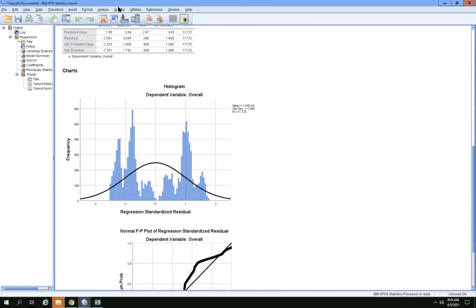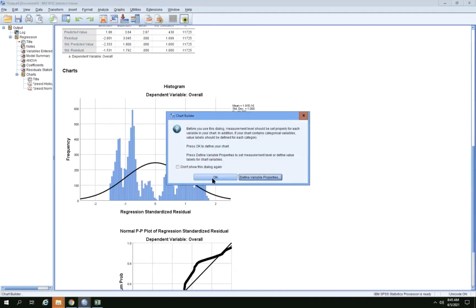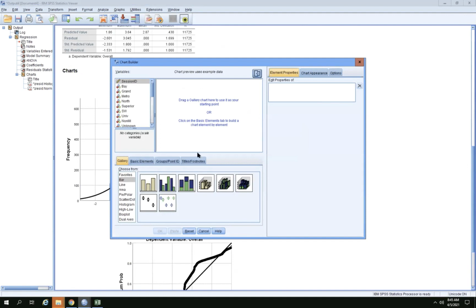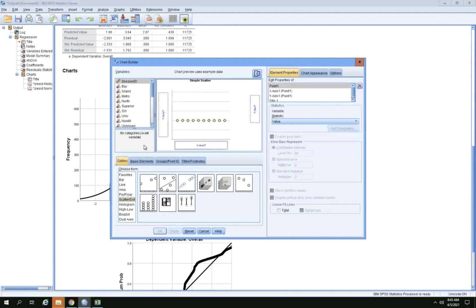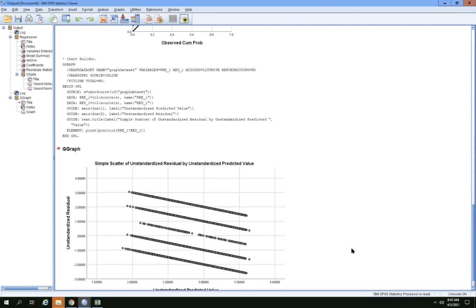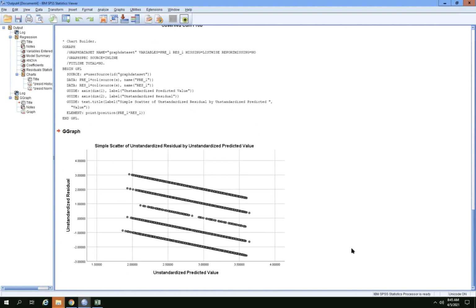Now, if we go into our chart builder, and we're going to create a scatter plot again of our residuals versus our predicted values. And so you notice that same type of trend that we had experienced previously, right?